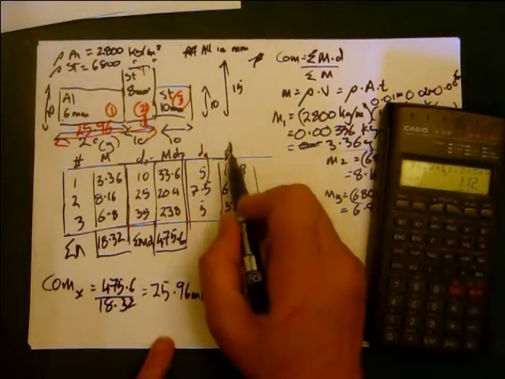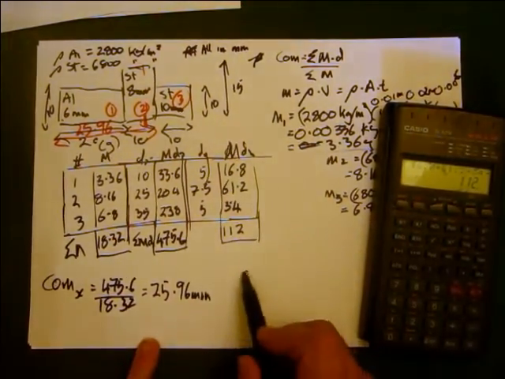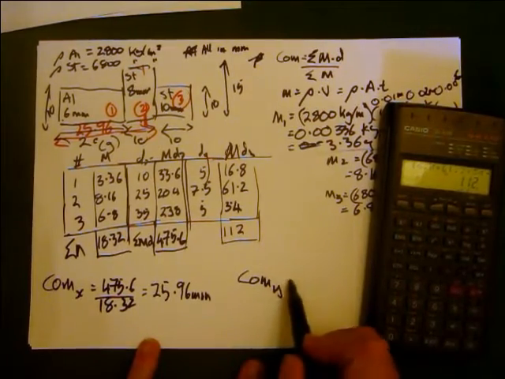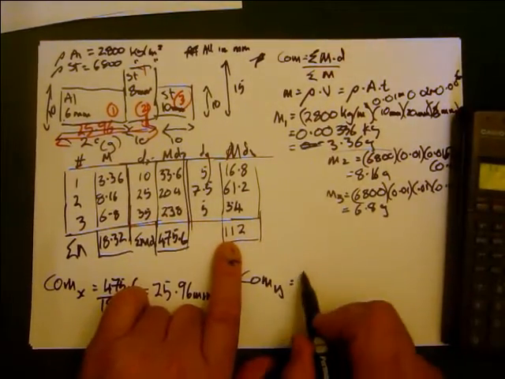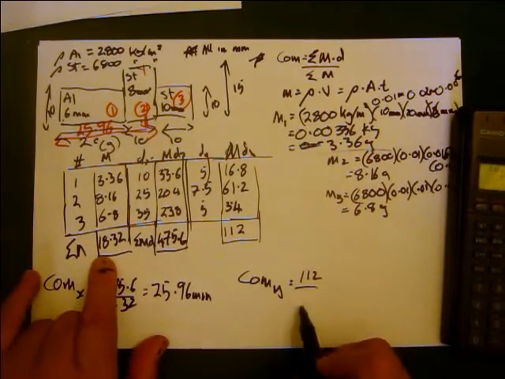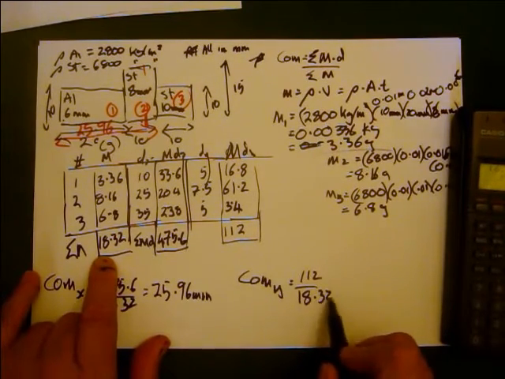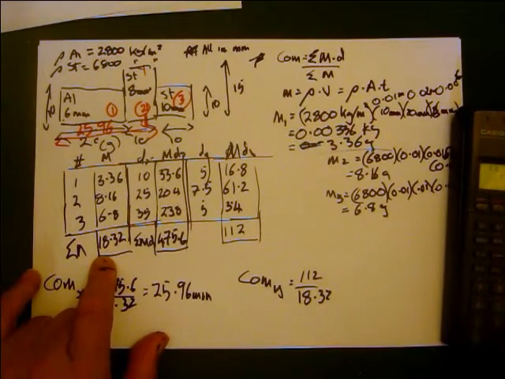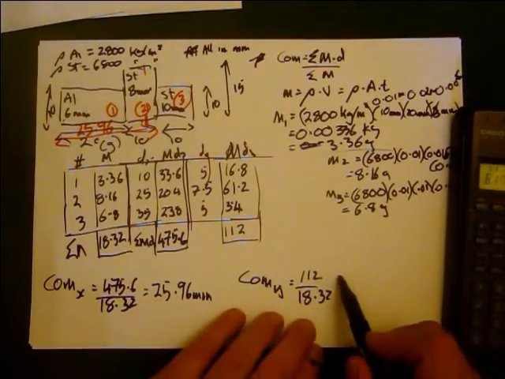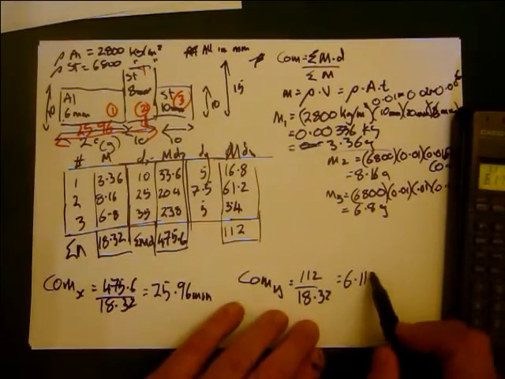So the centre of mass, y, is 112 divided by the mass, 18.32, which equals 6.114.